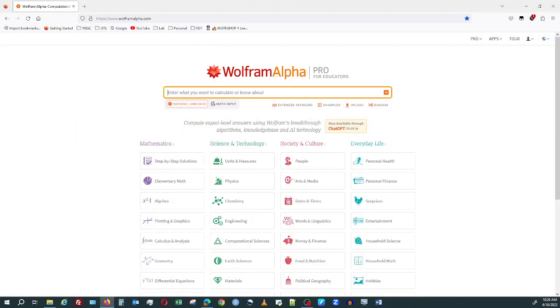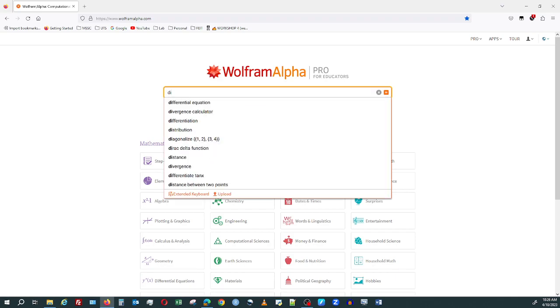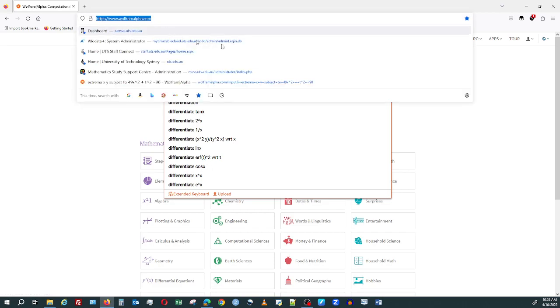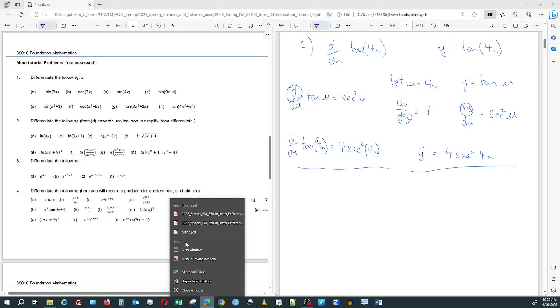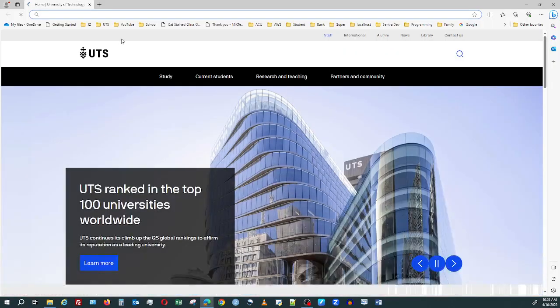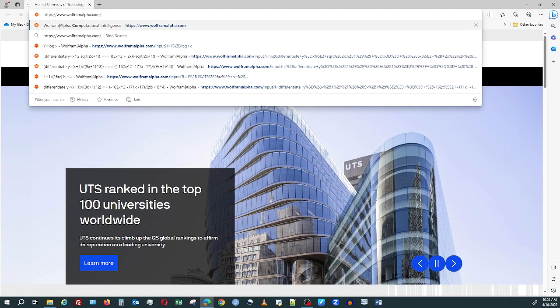Actually, there's two ways to do it. Differentiate. Actually, you know what? I'm going to just take the time to redo this this way, because this has a nice little feature to it.